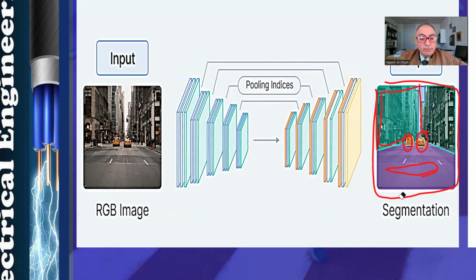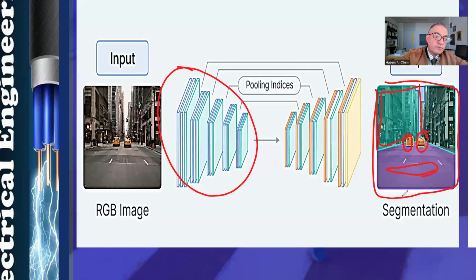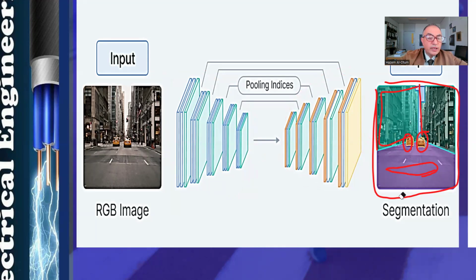Now we can use different types of networks for the backbone. This can be done at this location. This will be opposite to it in the other direction, and in between we are concentrating on getting the best representation at this location.